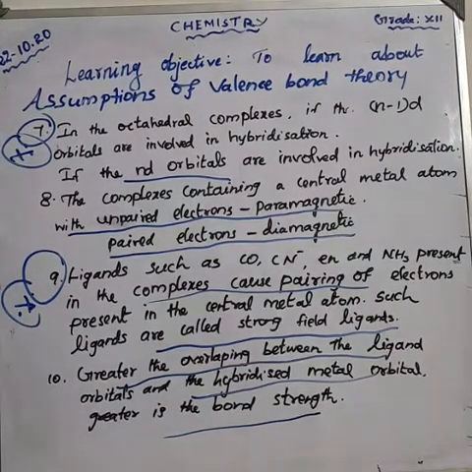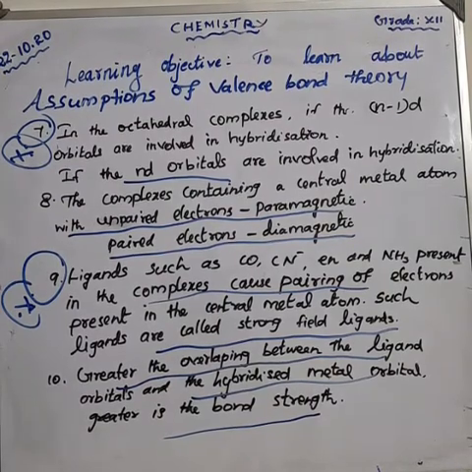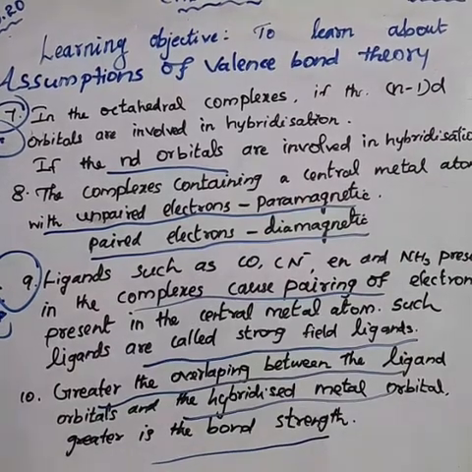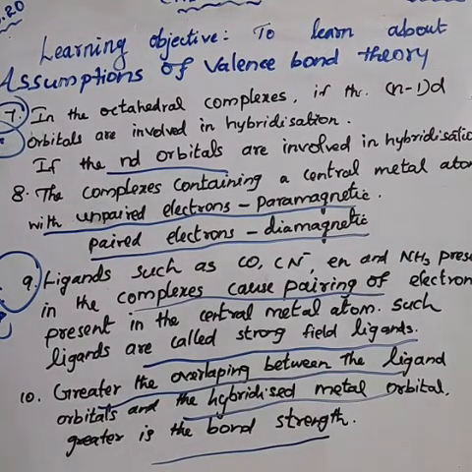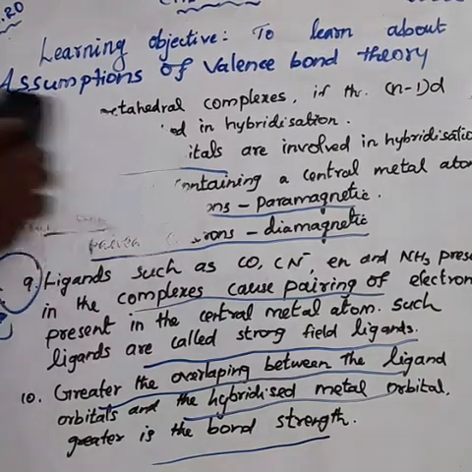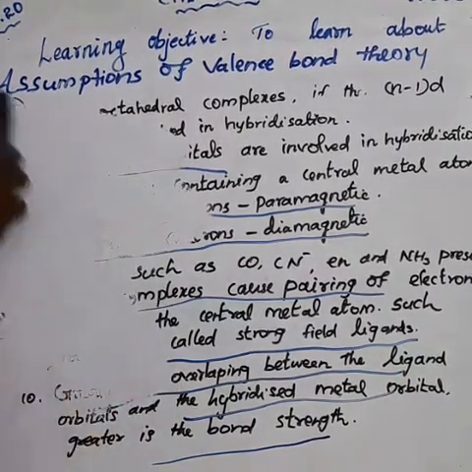This is my humble request: all of you, please learn this question thoroughly. Before the video, I told you about Werner's theory. Werner's theory is also a very important question, and here also the valence bond theory. It is a very important question for the 5 mark question, Werner's and valence bond theory.